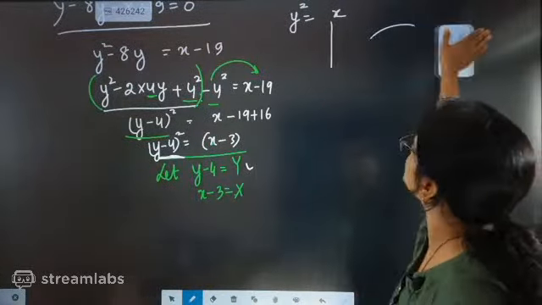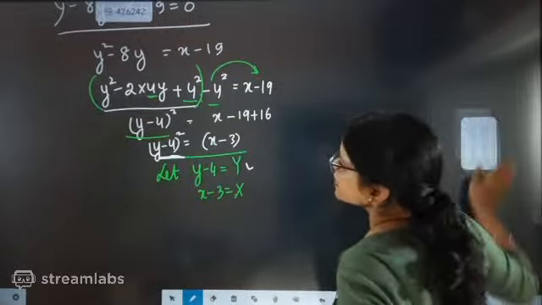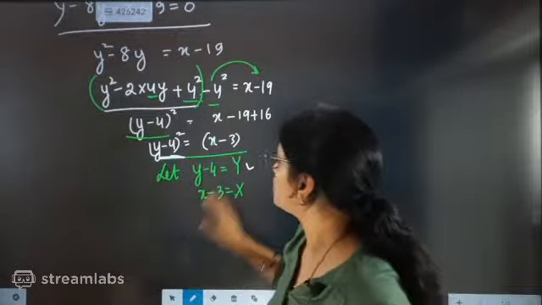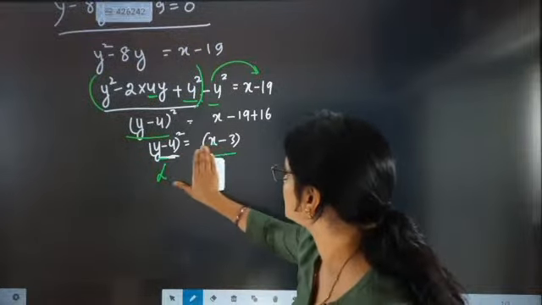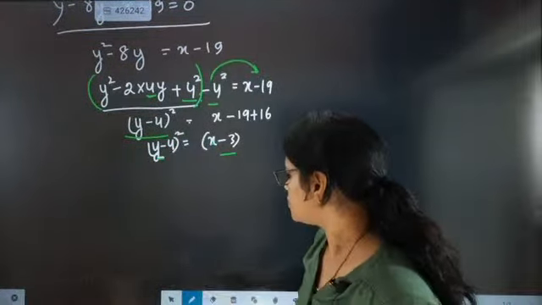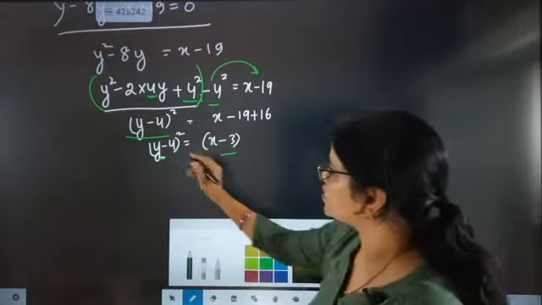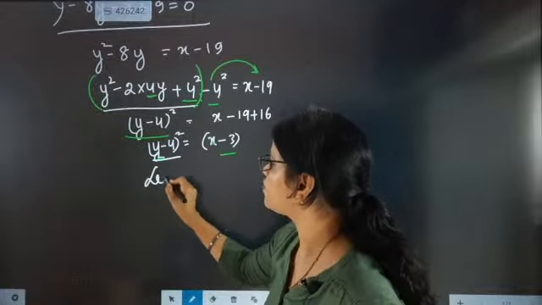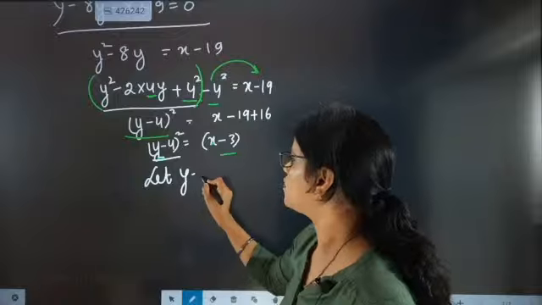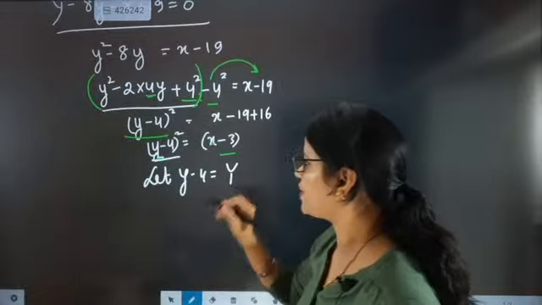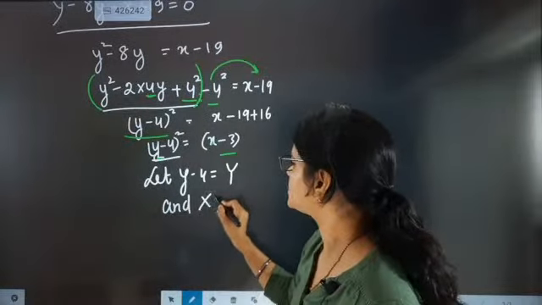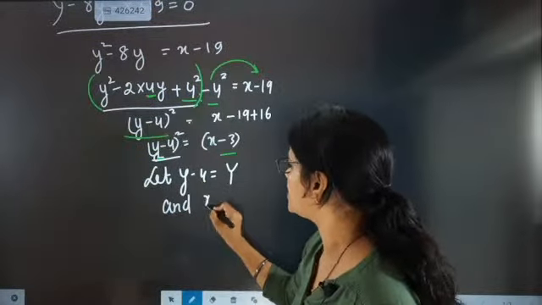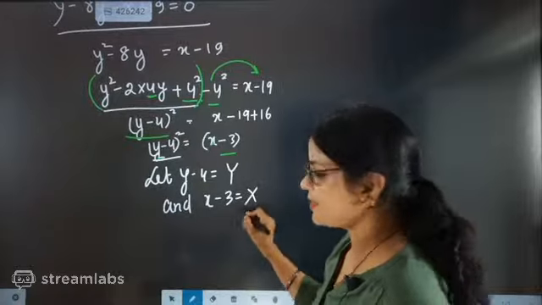So y minus 4 I have taken as capital Y, and x minus 3 will be equal to capital X beta.